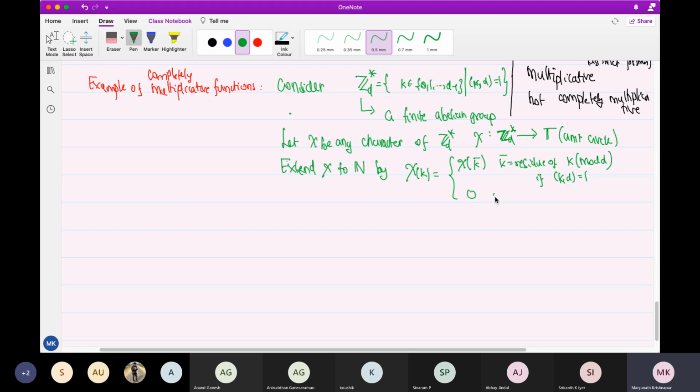Otherwise, if k is not co-prime to d, then you set the character to be 0. So chi is now defined on the non-negative integers.